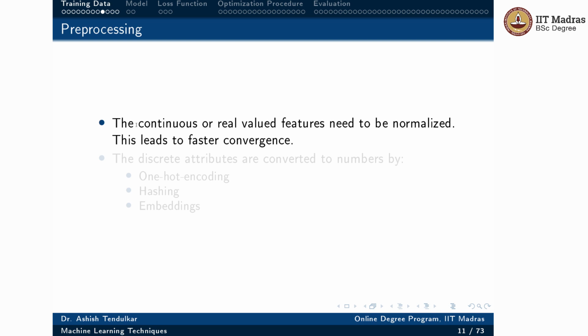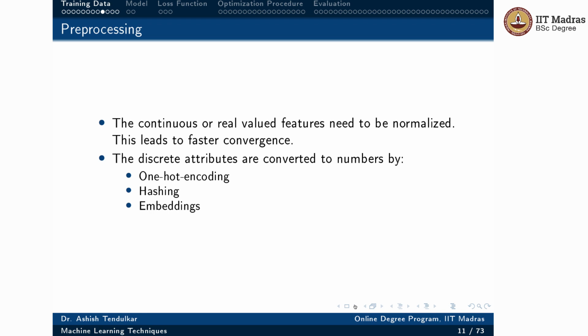So we need to take these real valued features and normalize them so that all of them are on the same scale. This leads to faster convergence. Then there are discrete features. We need to convert them into numbers using one of the following schemes: one-hot encoding, hashing, or embedding. We'll study each of these techniques using a Colab in the practice course.